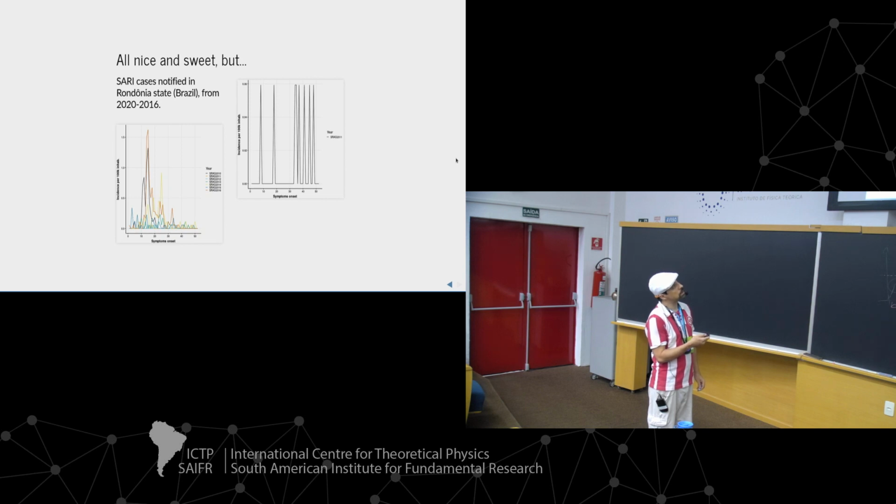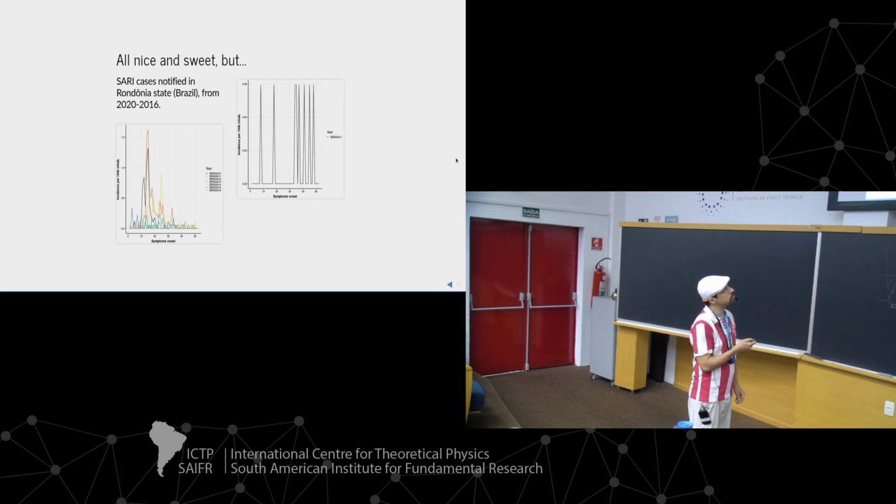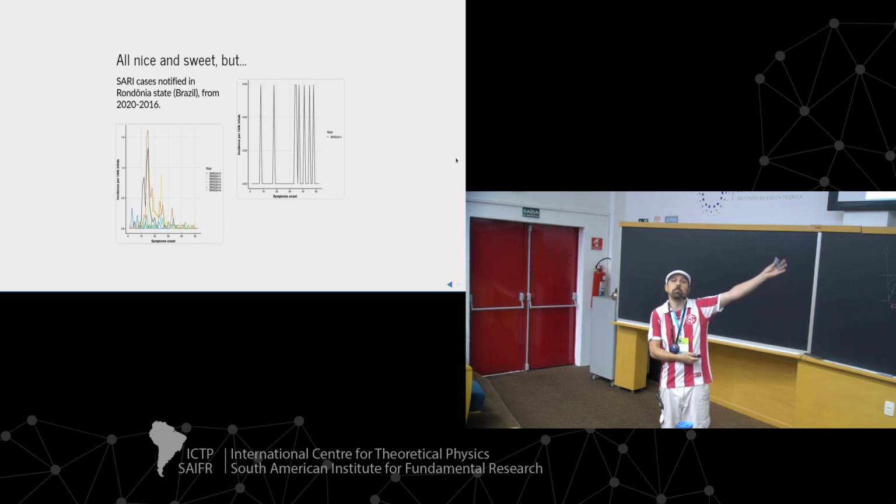And here, zooming in on 2011 alone, there's nothing to be done with this particular season. There's no way to define what is pre-epidemic or epidemic state here, right? So more or less the same.